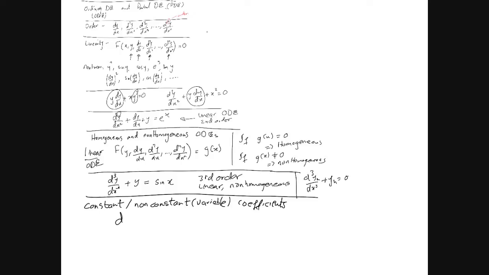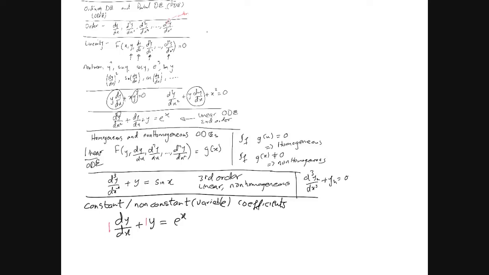For instance, you have dy/dx plus y equals e^x. This is a first order ordinary differential equation. It is non-homogeneous. It is linear. It has constant coefficients, because what's here is 1, and the coefficient of y is 1.